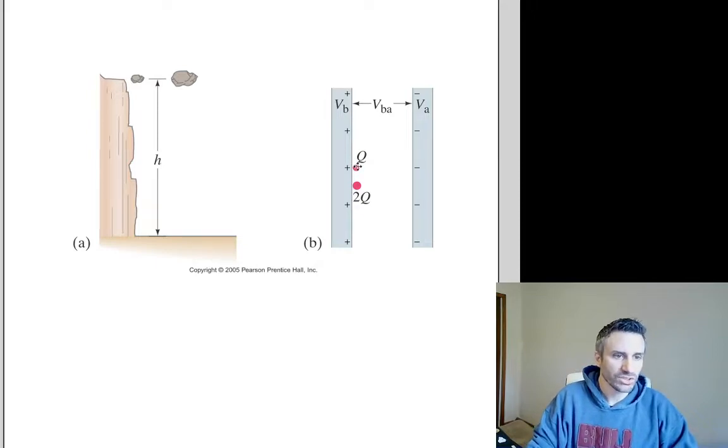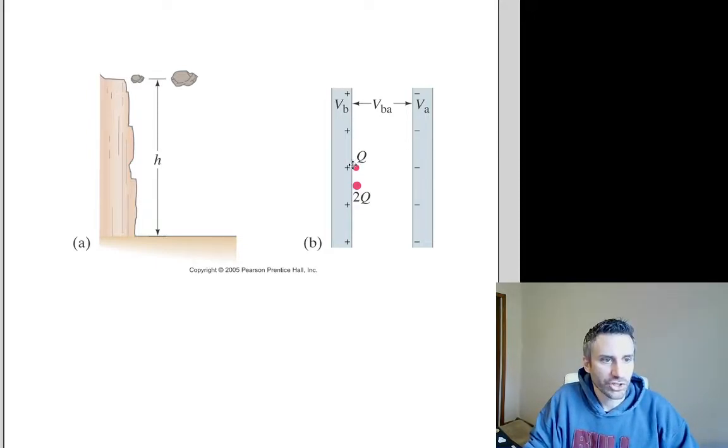Since voltage is the potential energy per charge, as I lift this thing higher, height is synonymous to voltage. As I lift it higher, it's going to have more potential energy per kilogram, just like this has more potential energy per charge. So mass and charge are synonymous, and height and voltage are synonymous.